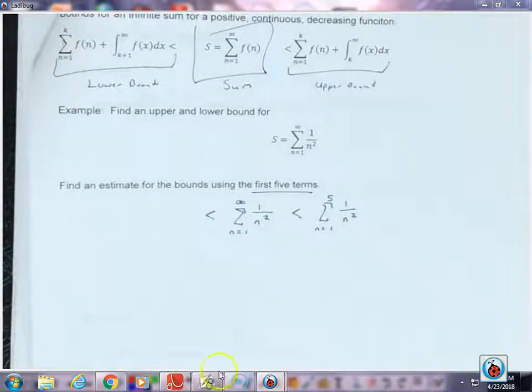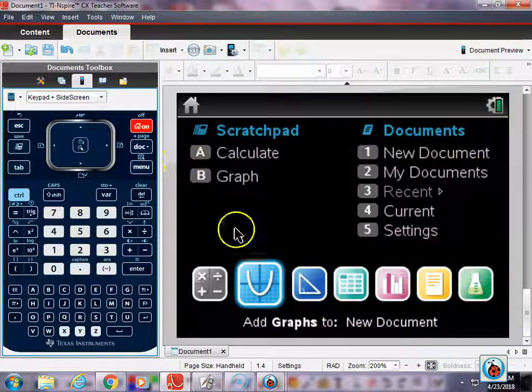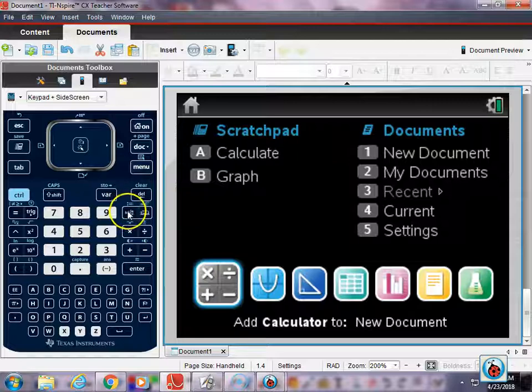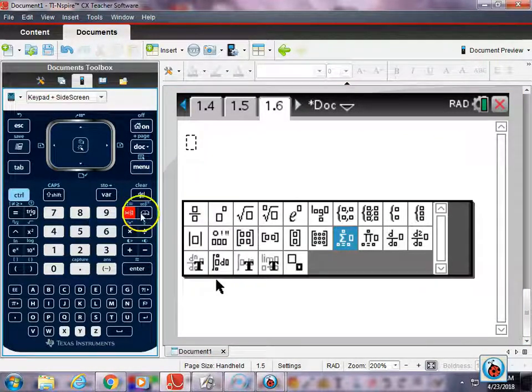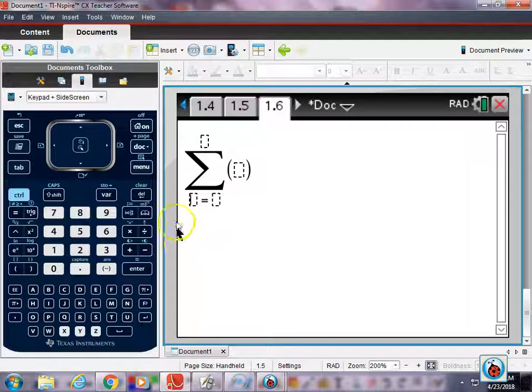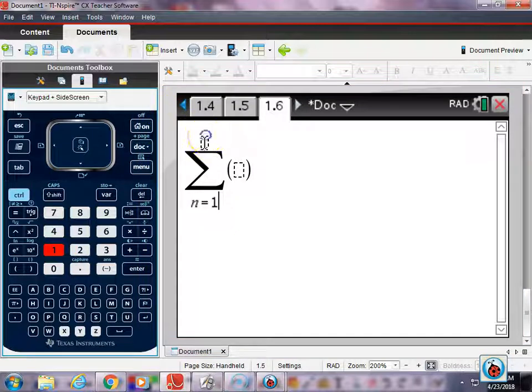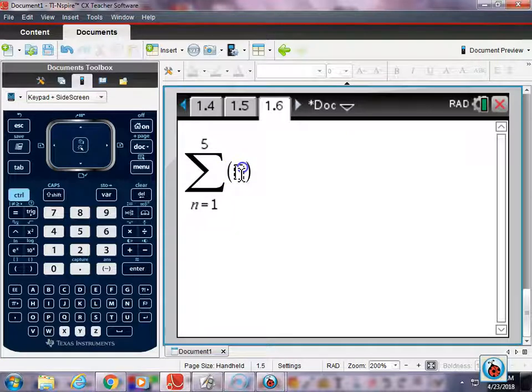Now you can put that in one at a time, but you can also just do that on the calculator. So we'll just do that real quickly. And so we have summation, and we're doing n equals 1 to 5, and our function was 1 over n squared.